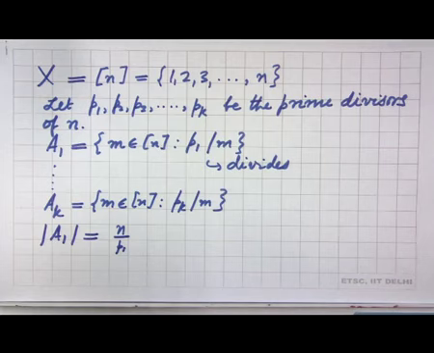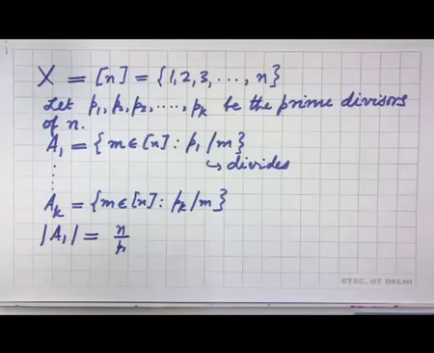Well, positive integer multiples, there's 2 and there's 4 and there's 6 and so on, all the way till 10. So it's 1 times 2, 2 times 2, all the way till n by 2 times 2, 10 by 2 times 2. So in short, the number of multiples of p1 up to n will be n by p1 times p1 up to there, and therefore it will be n by p1 multiples of p1, and therefore the size of the set A1 will be n by p1.